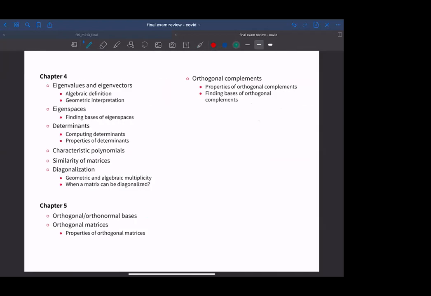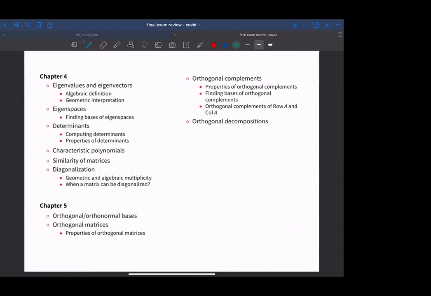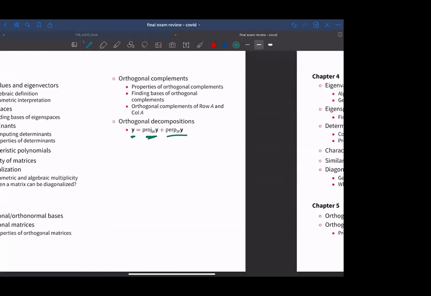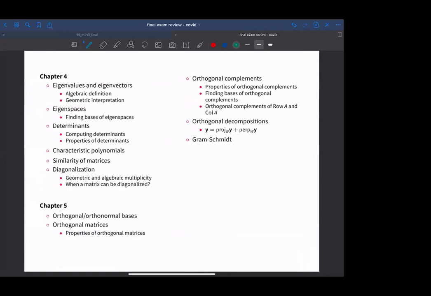We talked about orthogonal complements of row spaces and column spaces. We talked about orthogonal decomposition. So I can always take a vector Y and split it up into a piece that's parallel to W and a piece that's perpendicular to W. We talked about the Gram-Schmidt procedure, which takes a basis, which might not be orthogonal, and converts it into an orthogonal basis.